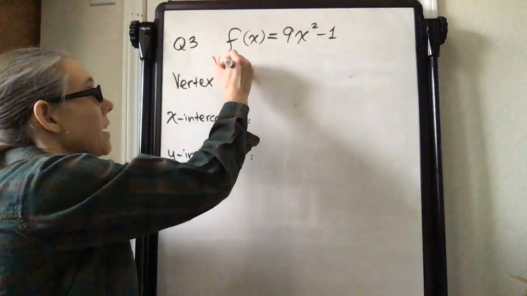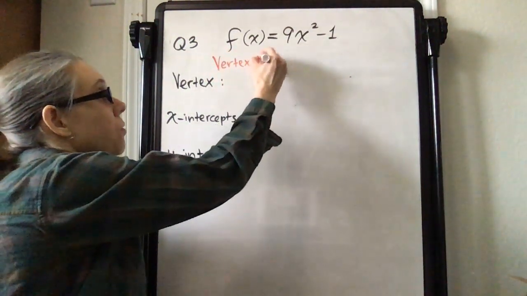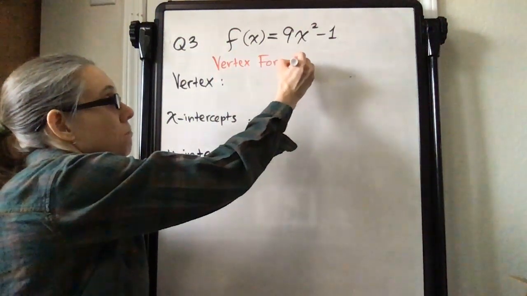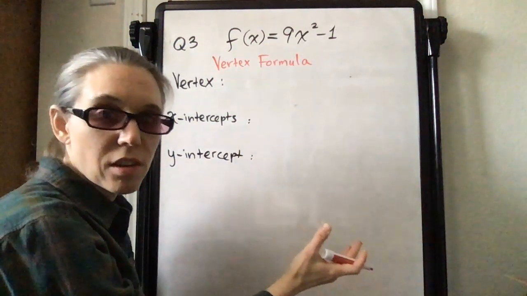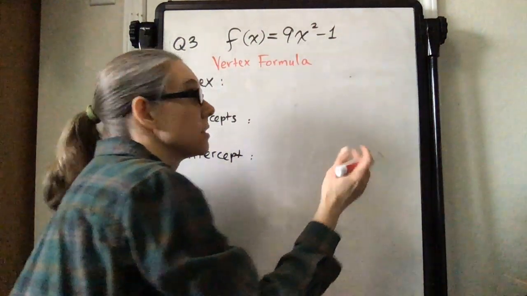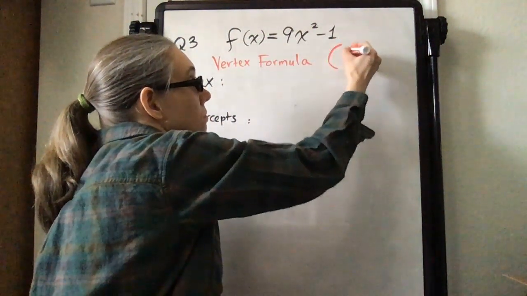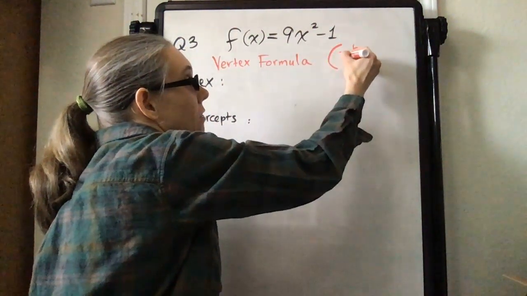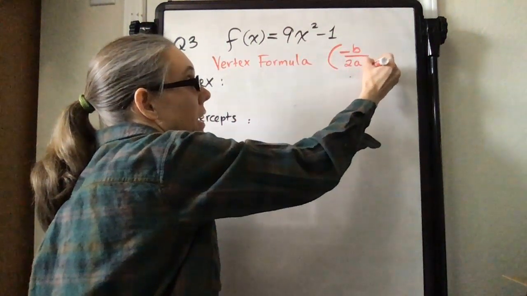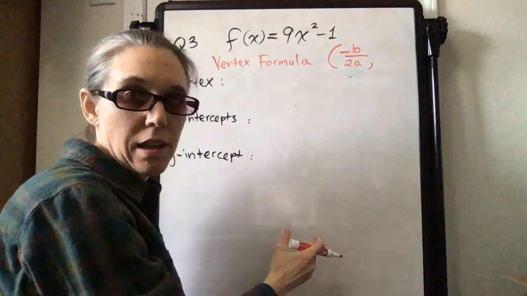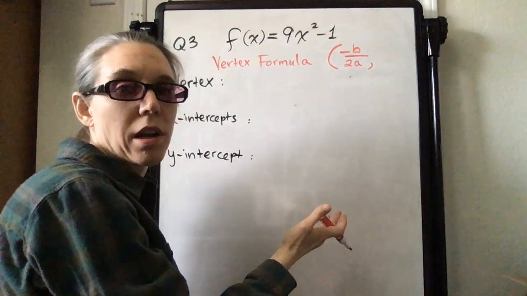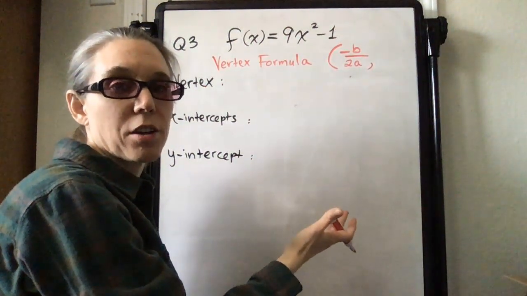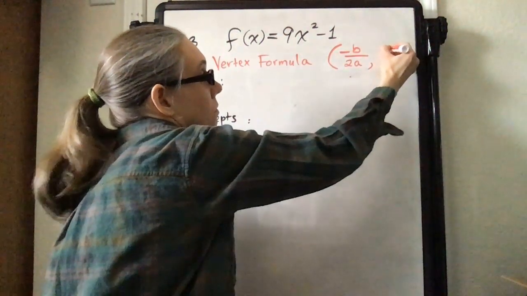So the vertex formula, and you can have this in your page of notes for the test. Negative b over 2a is the x-coordinate. And then to get the y-coordinate, all you do is you plug that value back into the function.